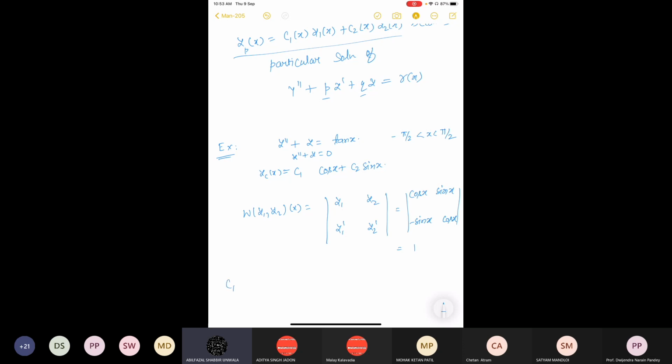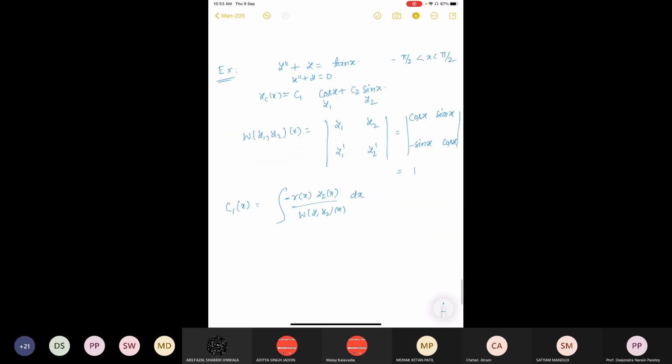So the Wronskian you got is 1. C1(x) we have obtained as the integral of minus r of x, y2(x), divided by the Wronskian of y1, y2, dx. Since the Wronskian is 1, and r(x) is basically tan of x, it is the integral of tan of x, sin of x, dx. You have to calculate this.